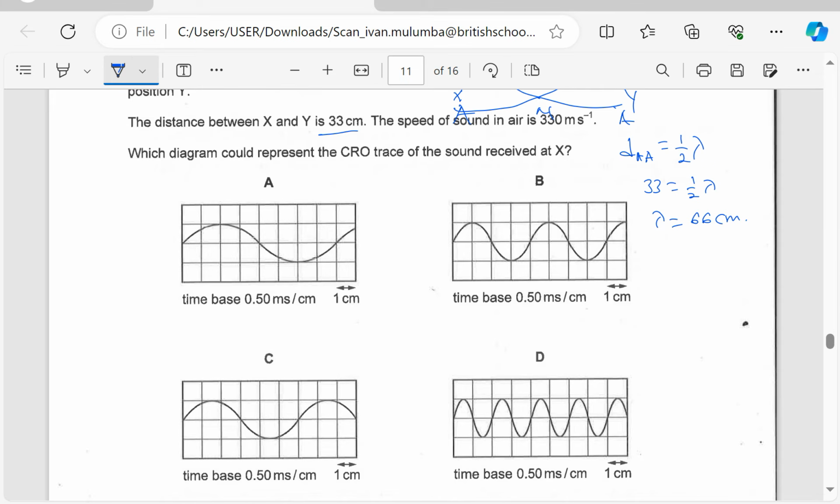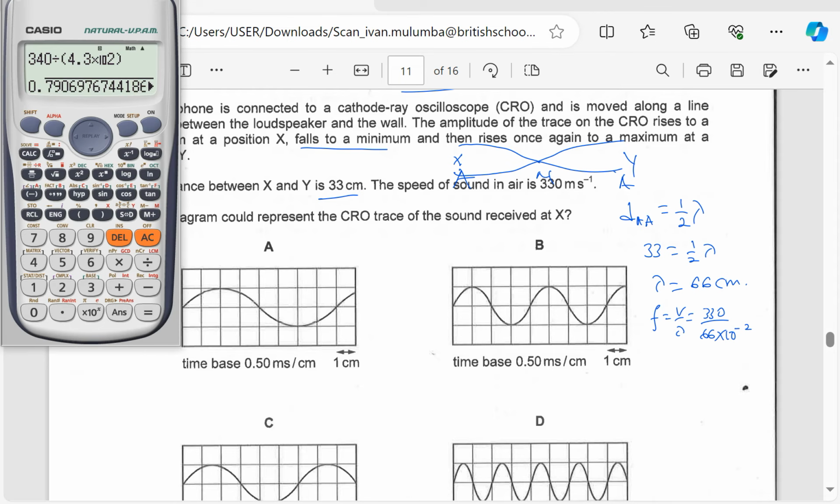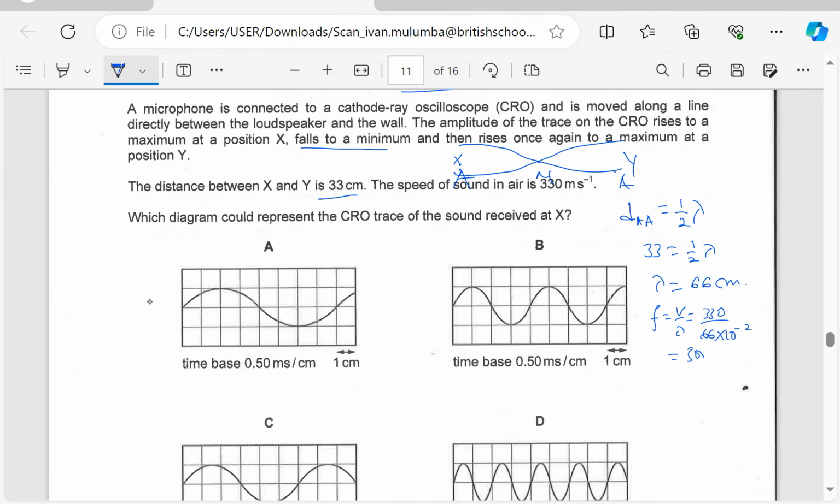So let's first find the frequency. Since we have the speed, frequency is going to be V over lambda, which will be 330 divided by 66 times 10 to the power of negative 2. So the frequency is 500 hertz.